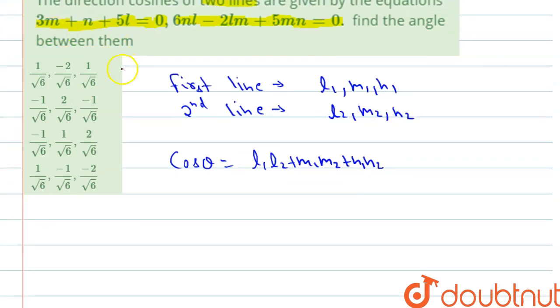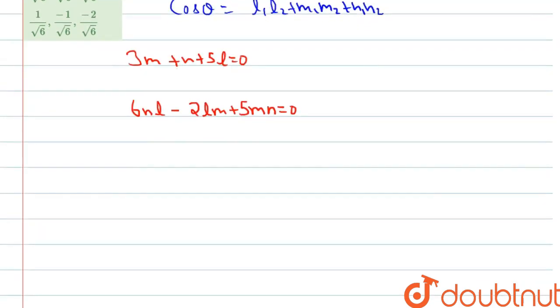We have two equations here. The first one is 3m + n + 5l = 0, and the second one is 6nl - 2lm + 5mn = 0. As we can see, we can write n = -5l - 3m.